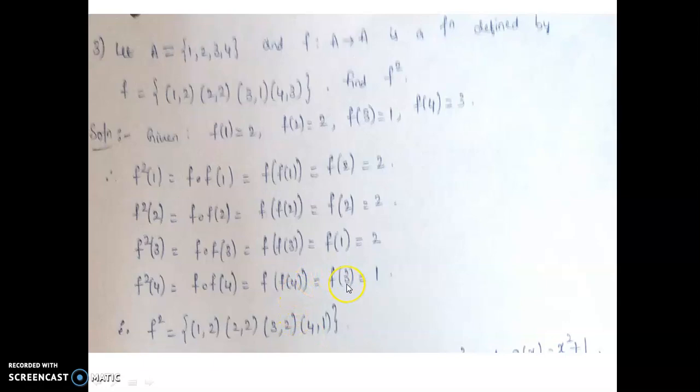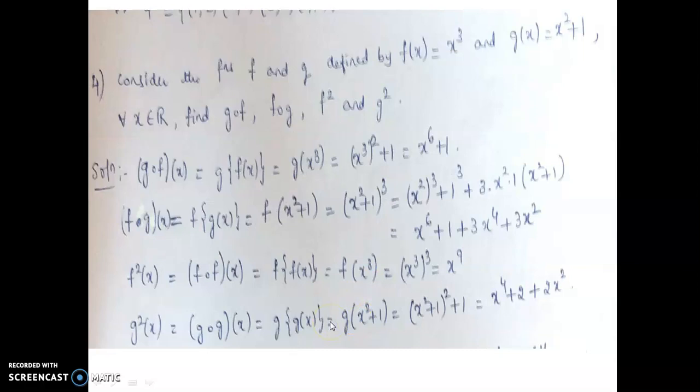So f of 3 is what? 1. So our f square is 1→2, 2→2, 3→2, 4→1. So this is our f square.